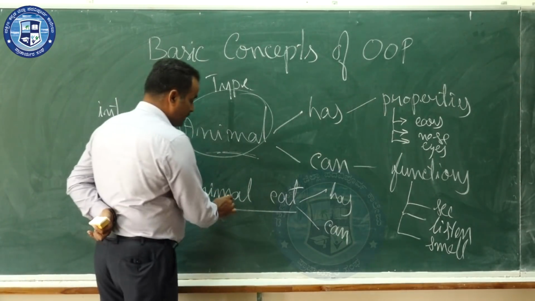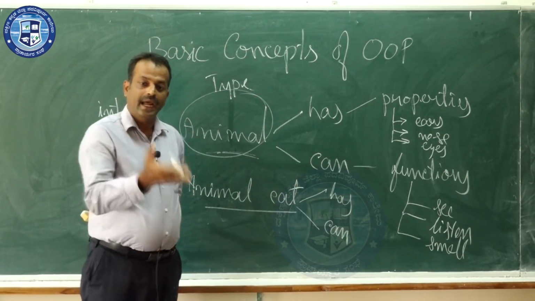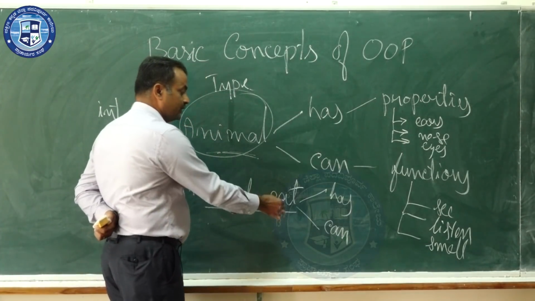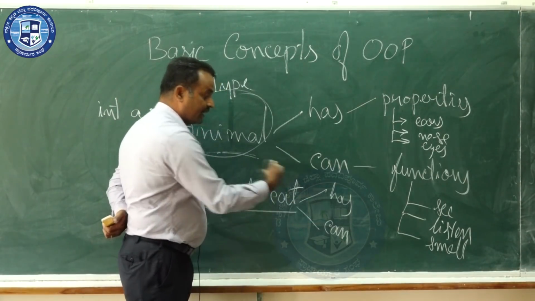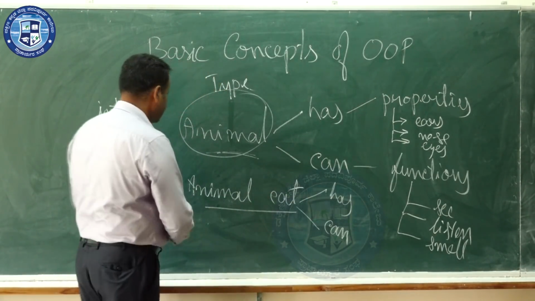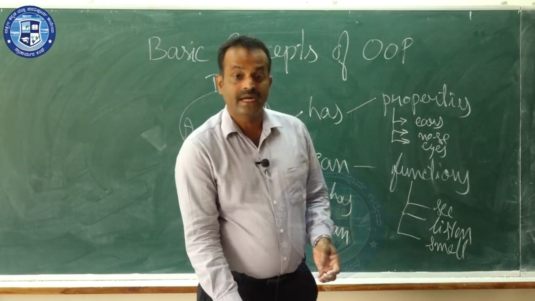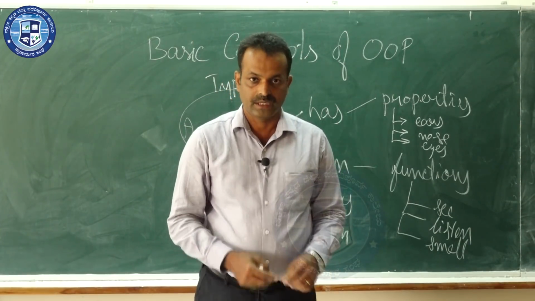Similarly, when I say animal cat, a cat is declared of the type animal. So cat has some properties, and cat can perform some actions. With this, we have understood that the class is just a user-defined data type.